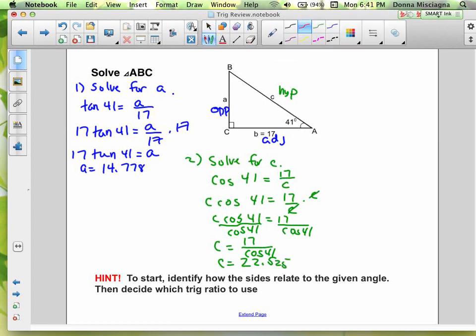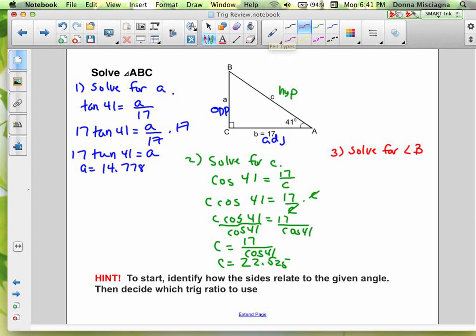So lastly, now let's solve for angle B. And there's no reason to use an inverse trig ratio. First of all, we would have rounding error because these are sides we solved for, and that'll create some rounding error.